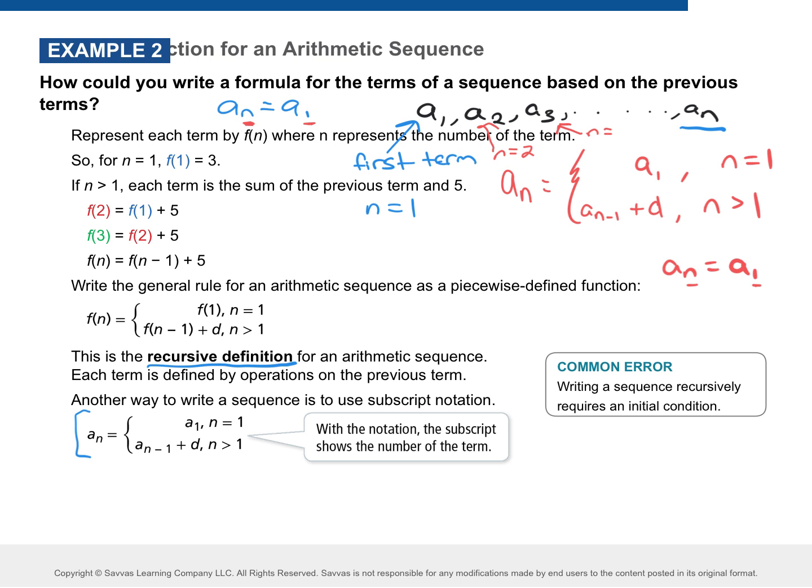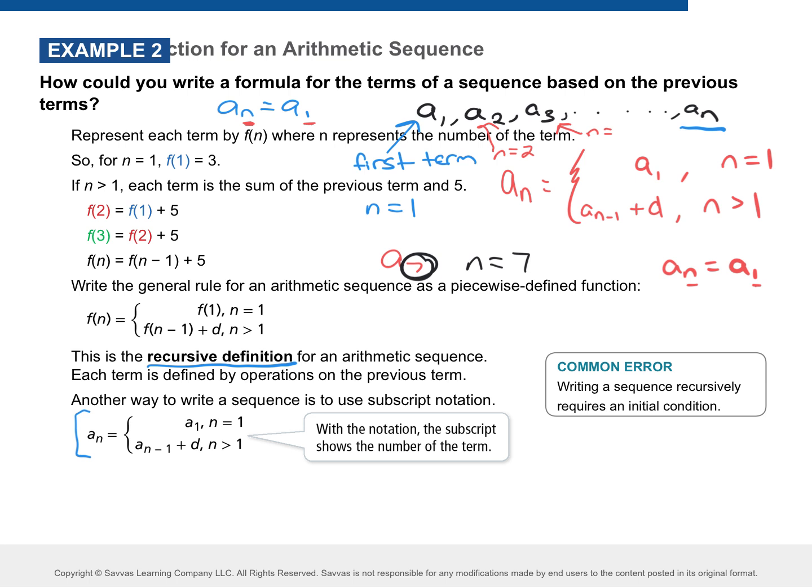So for a_1, my n equals 1. For a_2, my n equals 2. Whatever this number is right here, that's my n value. So for a_7, my n value is 7. Okay, back to this formula up here.